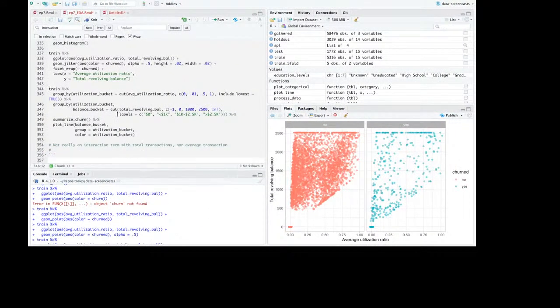Okay, so one that's important is, let's look at this one more time. The utilization ratio.